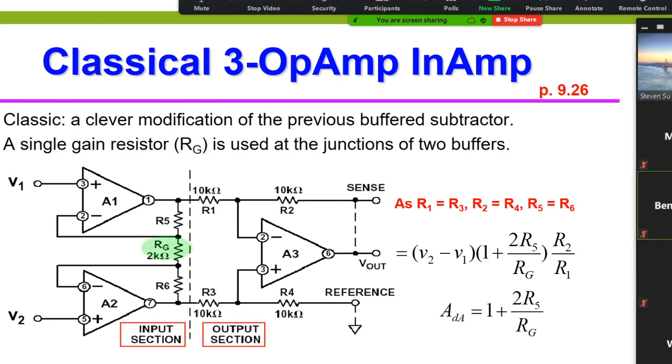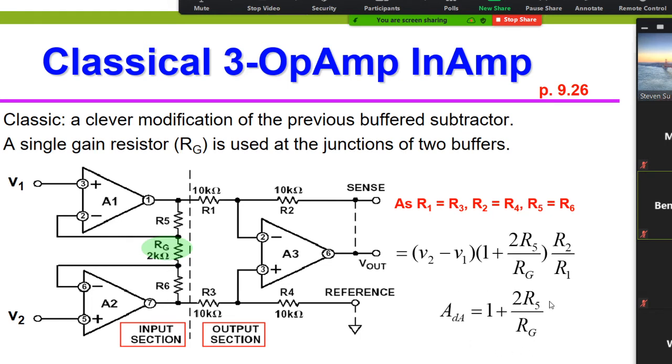So CMRR total is CMRR for the B part, times the AD, the differential gain of the first stage. So this is the first stage again, because here is not a buffer. Here you have R5, RG, and R6.